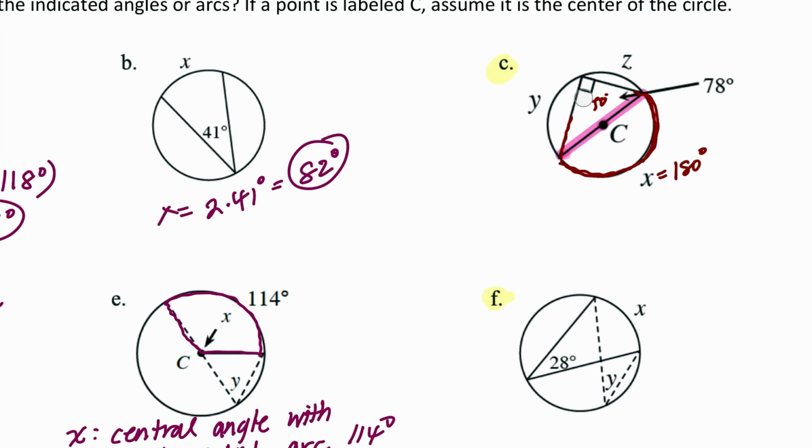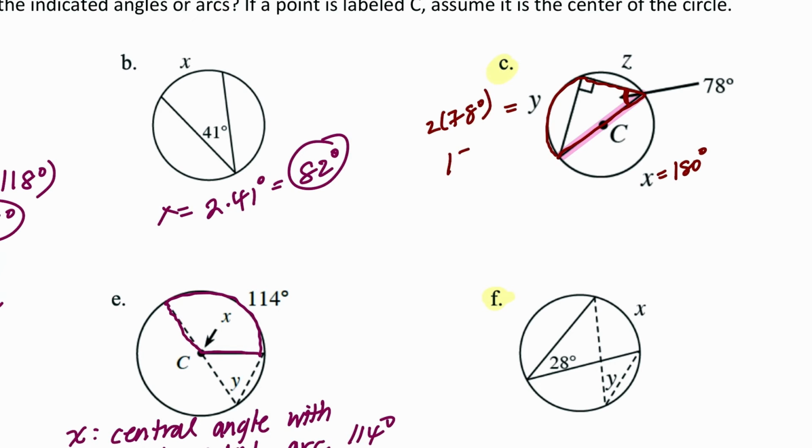So then, using that diameter, we found the measure of X, which is 180. And then the next part, since you know angles inside the triangle, this right here is 78 degrees. So if that's the inscribed angle, 78 degrees, then the intercepted arc Y is going to be twice that.